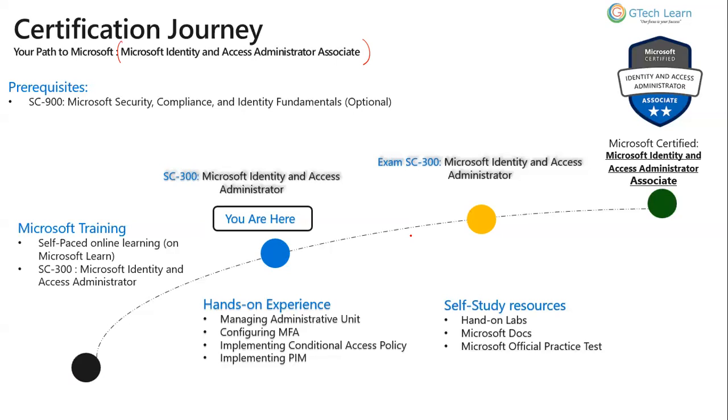For example, if you want to certify with SC-300, you only have to give one exam, that is SC-300, Microsoft Identity and Access Administrator, and then you will get that badge and be certified as Identity and Access Administrator Associate.